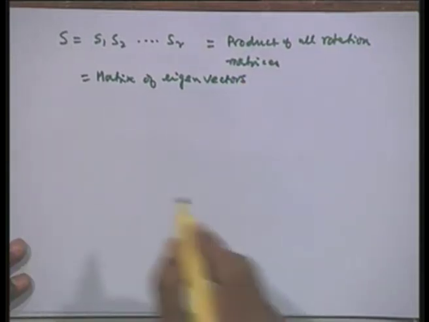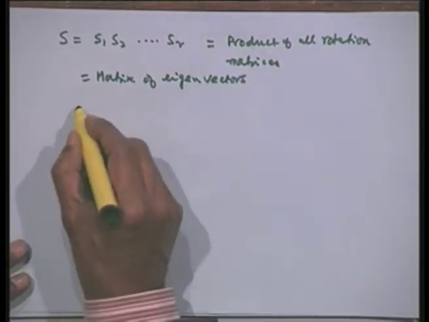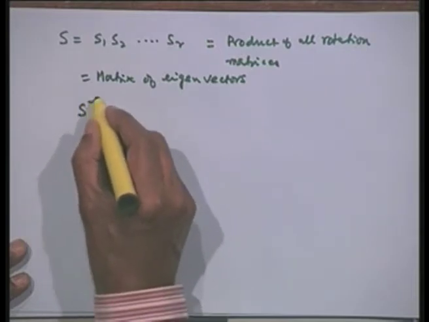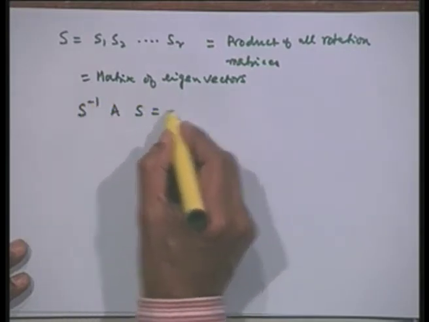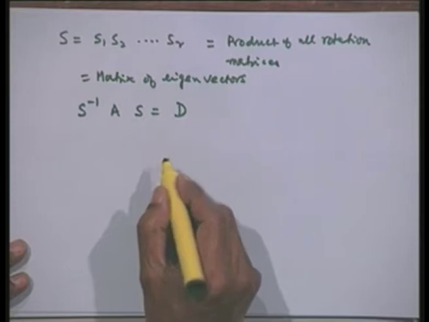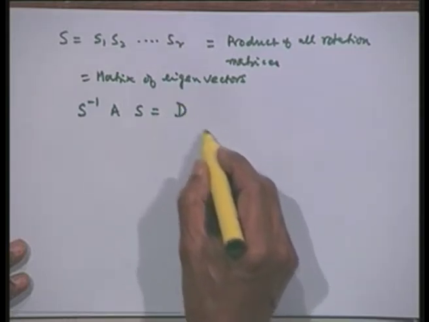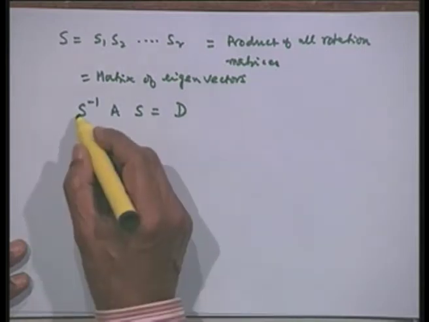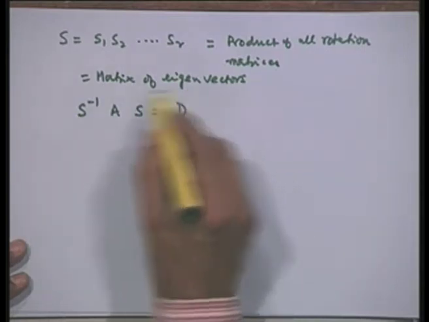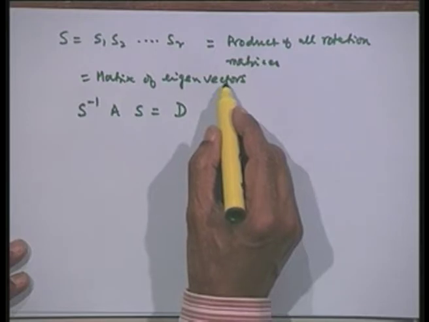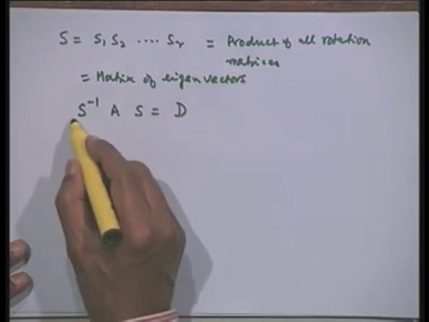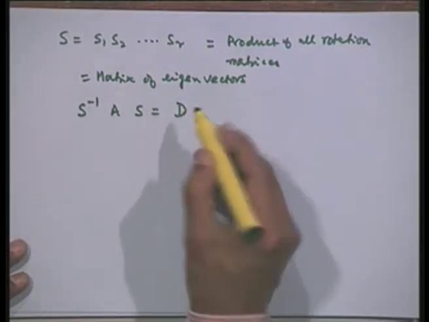Now, we mentioned earlier, if you remember the earlier discussion, that if a matrix A is reduced to a diagonal matrix, then there is a 1-to-1 correspondence between the eigenvalues located on the diagonal of D and the columns of S. Therefore, once I get the matrix of eigenvectors, the first column will be the eigenvector corresponding to the first eigenvalue.